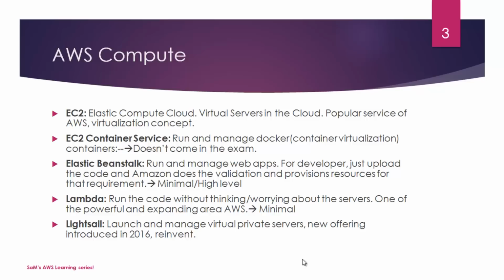Just worry about the code, get it done, and submit it to AWS. This is one of the powerful and expanding areas of AWS. And again, from the exam perspective, it is very minimal, because it's a huge topic and it doesn't even feature in the exam heavily. But I have a strong feeling that this will be the number one area down the line.